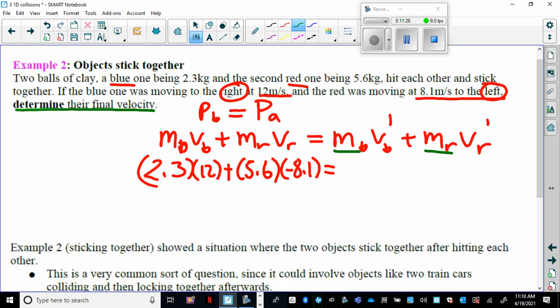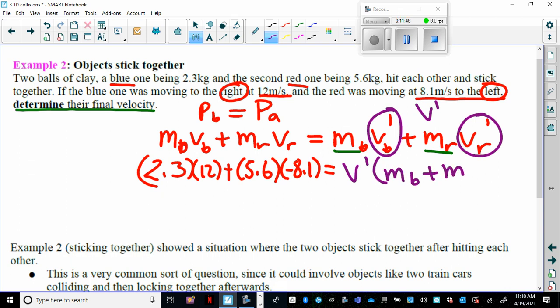So this here and this here are really just v prime. And if they're both just v prime, we can factor that v prime out, and it's just going to become the combined masses of the two objects, which makes total sense.